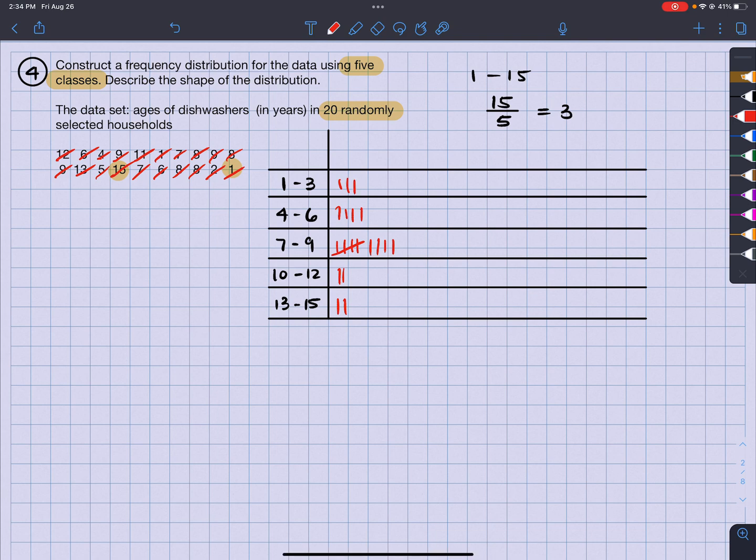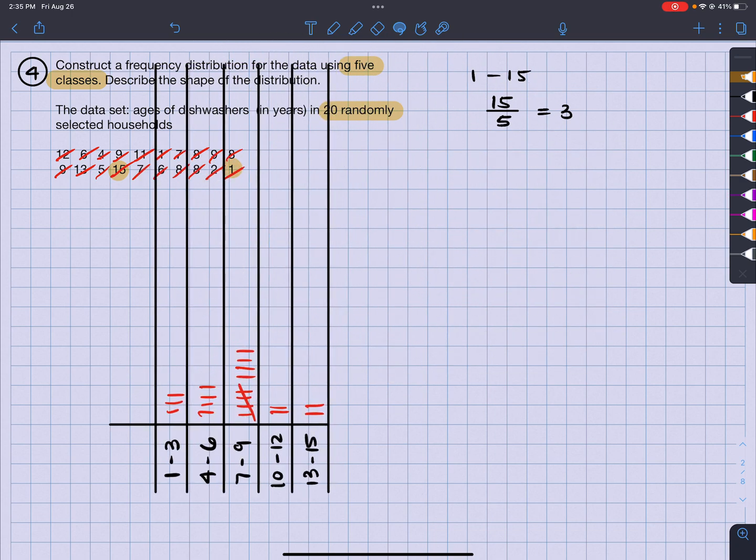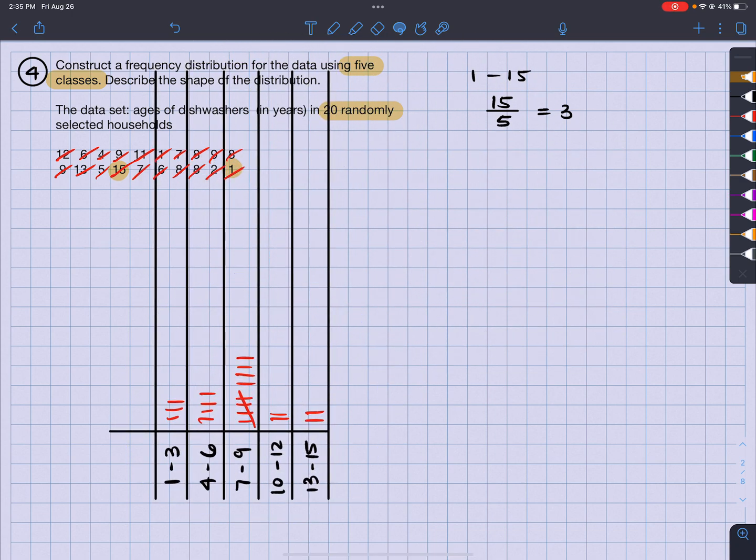So here's the thing, guys. I can draw this chart out. I have this frequency distribution, and if you look at this sideways, let me rotate it, don't you see that I have a curve that looks something like this?